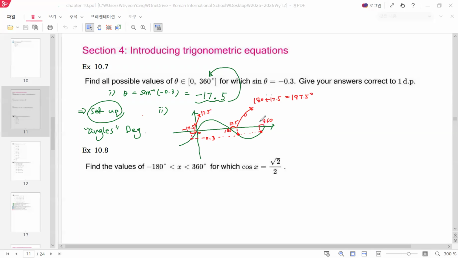And this one is 360 minus 17.5, therefore 342.5 degrees. The answer is theta equals 197.5 degrees or 342.5 degrees.